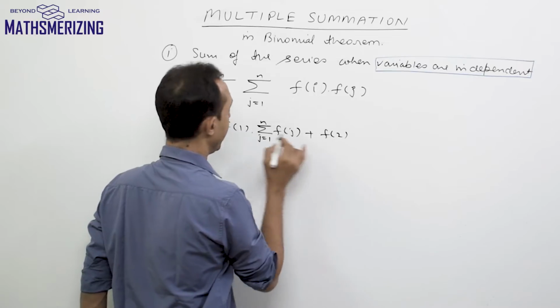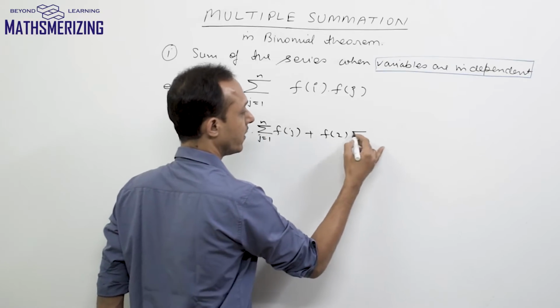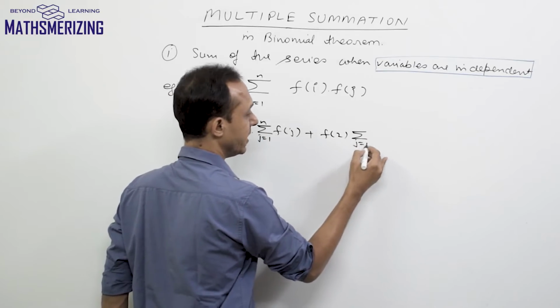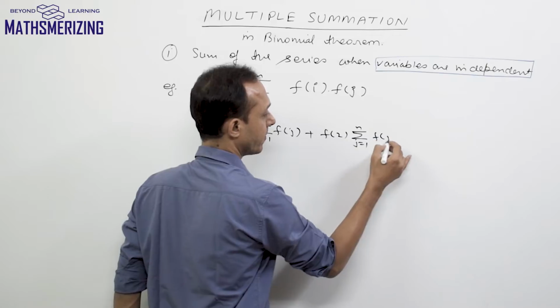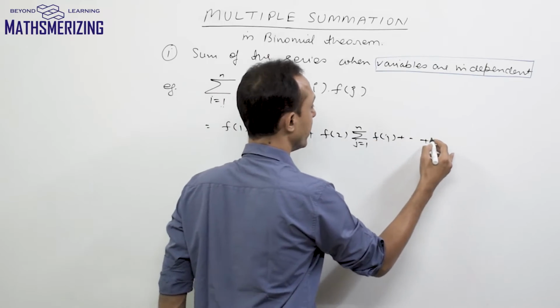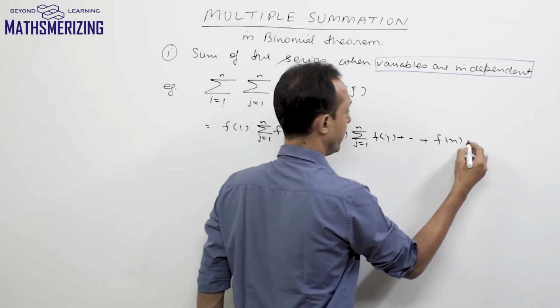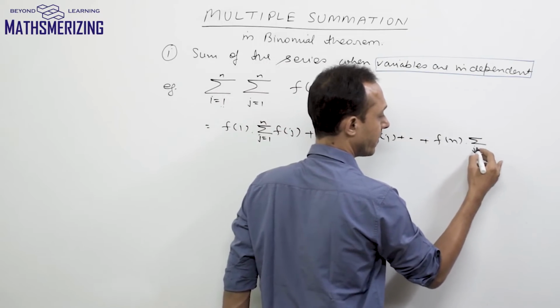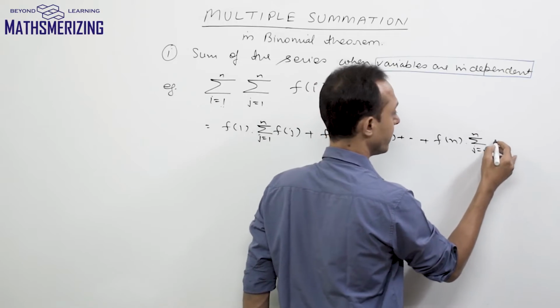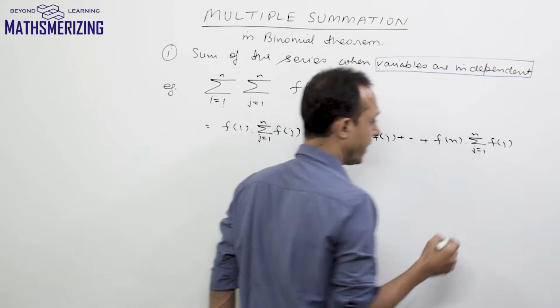Then if I put i as 2, I can write f2, and this entire summation j varies from 1 to n, fj. I'll continue up to fn, and then summation j varies from 1 to n, fj.